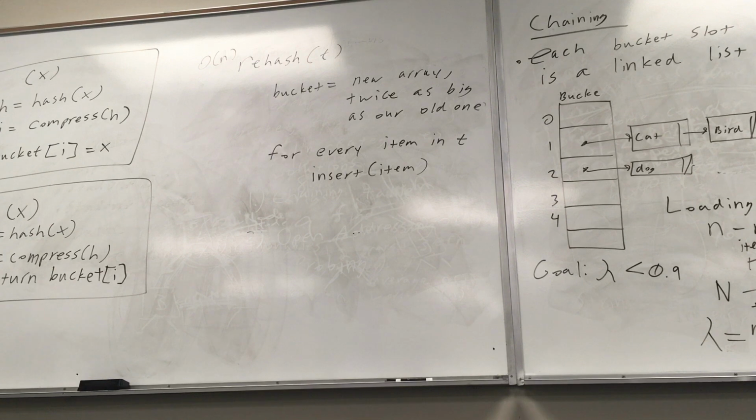We want to stay close to that. If we stay below our threshold of 0.9, we get that kind of behavior. But once we add that last element that would cause us to go over the mark, then we rehash the table. We do exactly one linear operation, and then we're back to having constant time operations again. So it's very, very efficient.